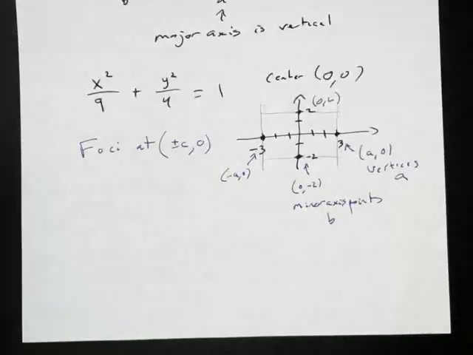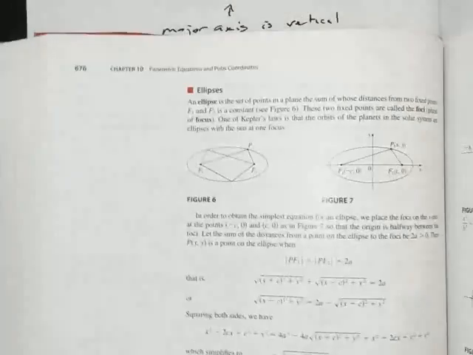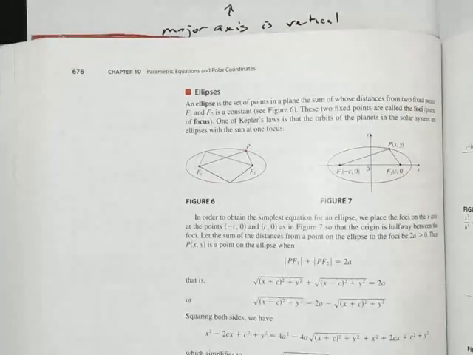It turns out that the geometry property I want is again related to things coming out of the focus. And it's drawn for me on page 676. An ellipse has the amazing property, geometrically, that the distances from the foci to any point on the curve add up to a constant.